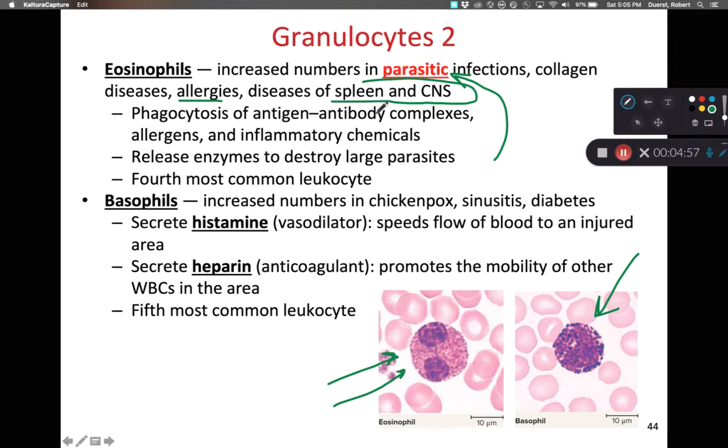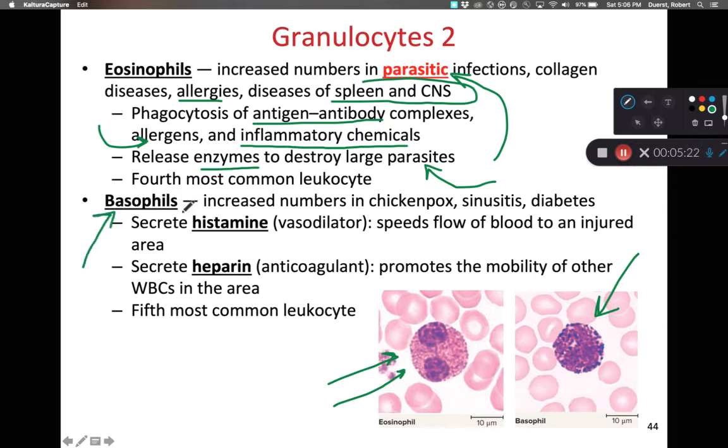Eosinophils are specialized in that they can phagocytize antigen-antibody complexes, and they can also release inflammatory chemicals and respond to allergens. They also can release digestive enzymes to the extracellular environment to help neutralize multicellular or large parasites that may be within our bodies.